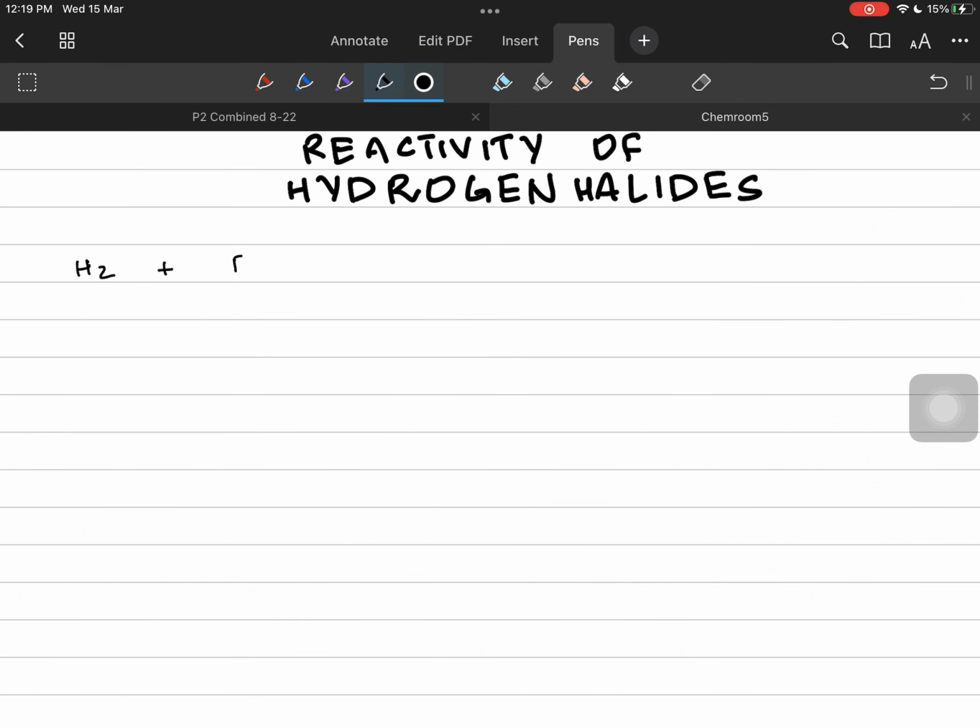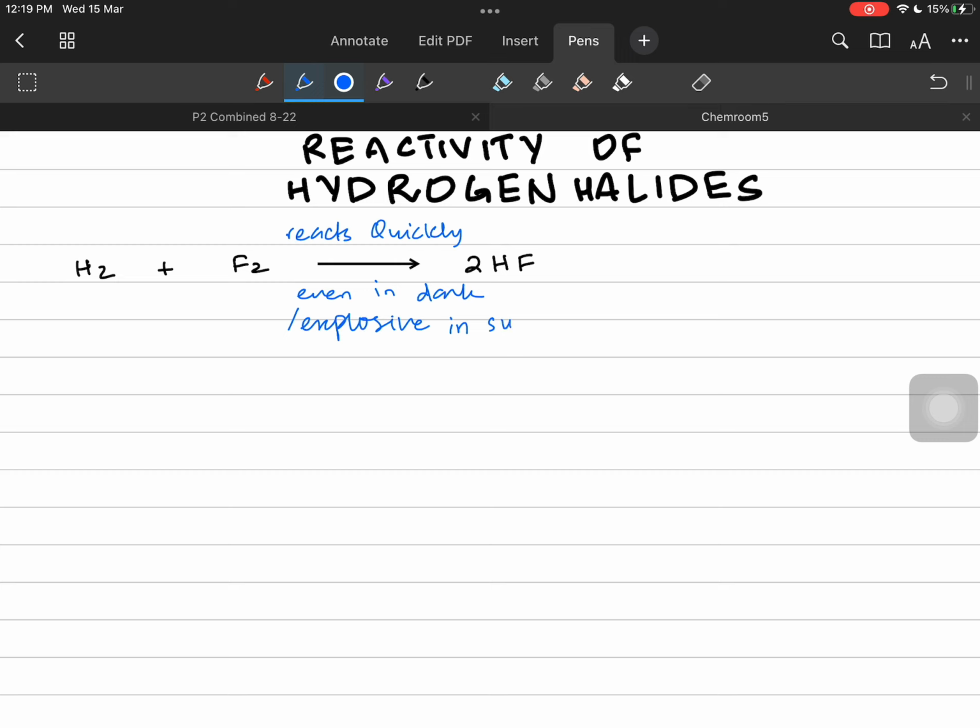Now we'll talk about the reactivity of the hydrogen halides. When hydrogen reacts with fluorine, we get hydrogen fluoride. It's a pretty explosive reaction, very quick even in dark conditions and even in a cold environment. It's pretty explosive under sunlight. Let's not talk about what happens when we heat the process.